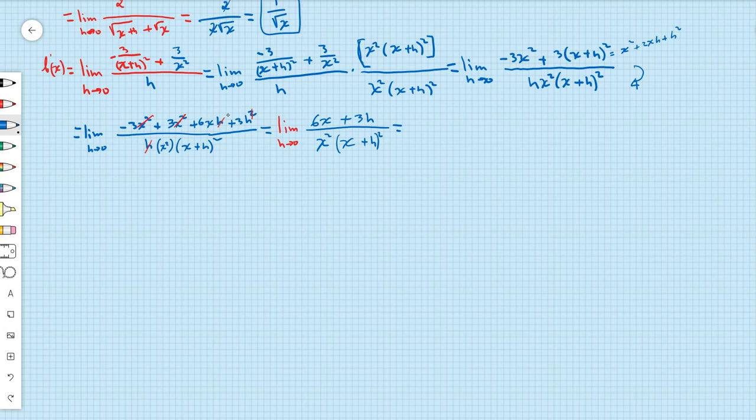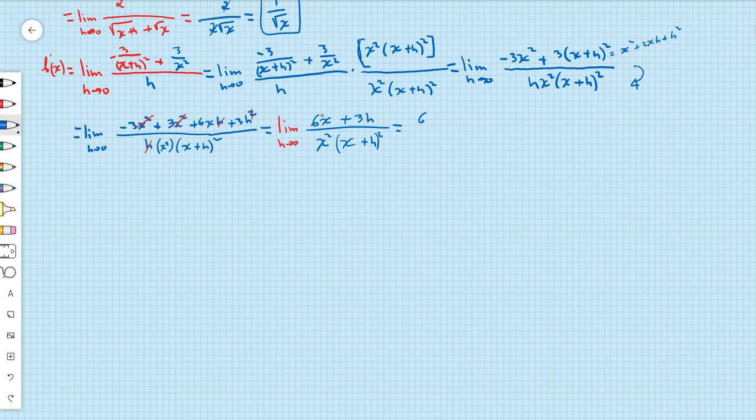So now that we have this, what else can we do? Can we just plug in the value of h? If we plug in h here, we'll be left with x squared right here. So x squared times x squared, that's x to the 4th power, and then here will be 0. So we can go ahead and plug that in.